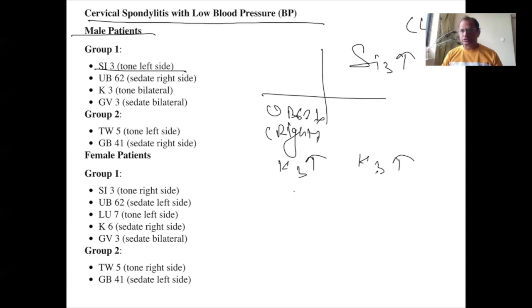If you are putting the sujok, then bilateral sedation, or if you are putting in the body, then single sedation. So this is for the male patient.